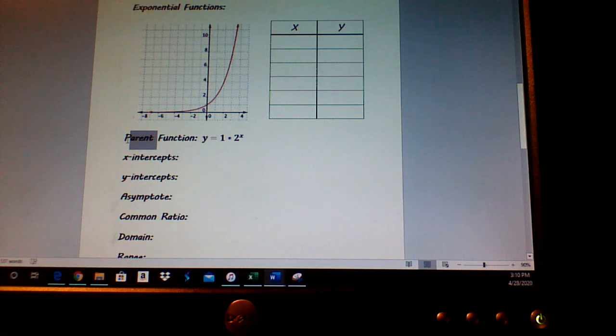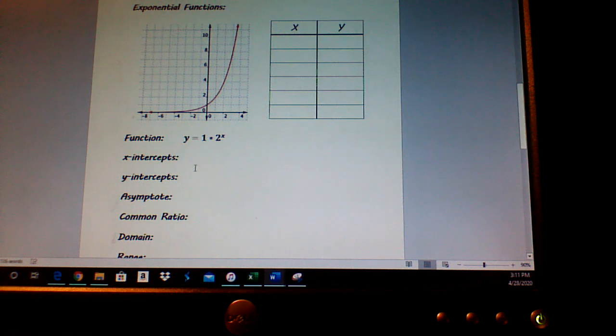This here is kind of like an example function of an exponential, where this right here is your y-intercept. This right here is your common ratio. I know this is exponential because I see my exponent is an x. We've talked about this with linear, it has no exponents. With quadratics, you have a 2 as an exponent. But with exponentials, x is your exponent.